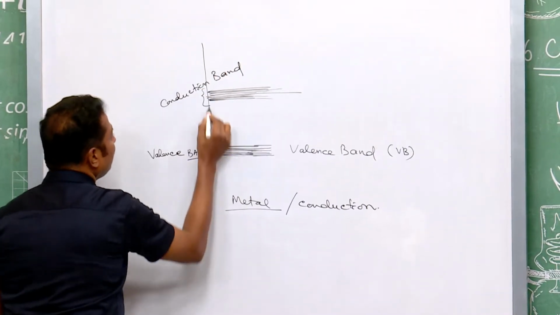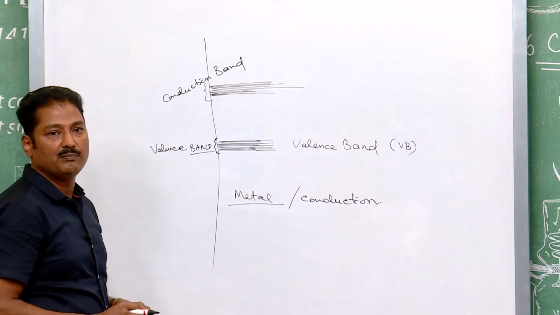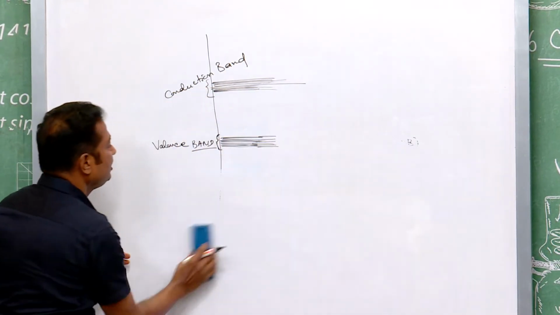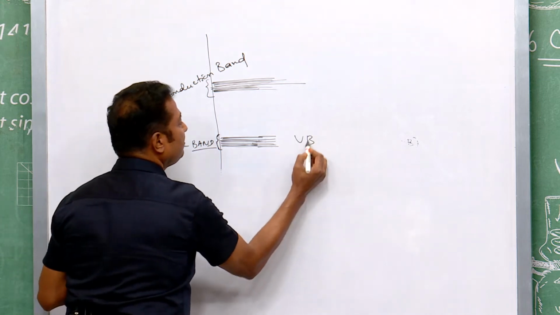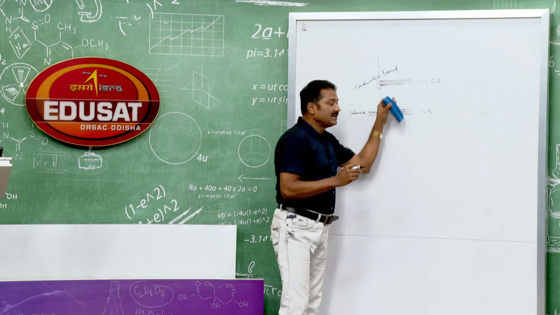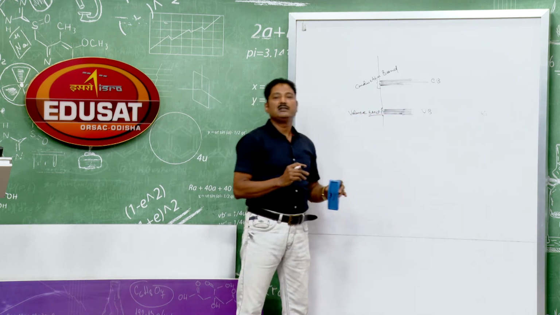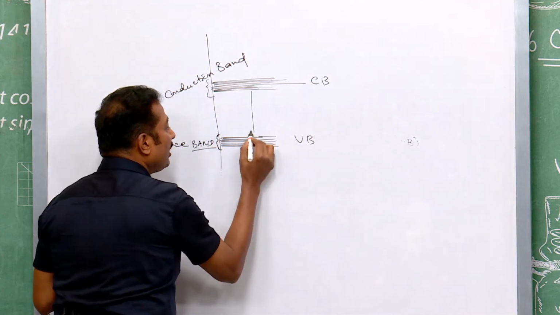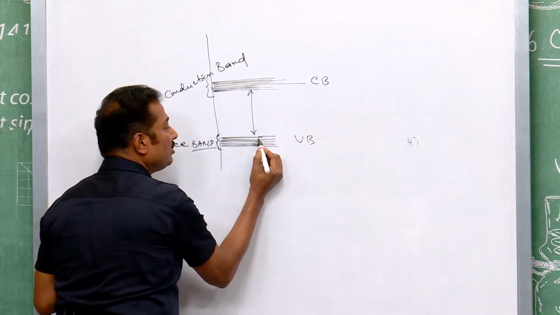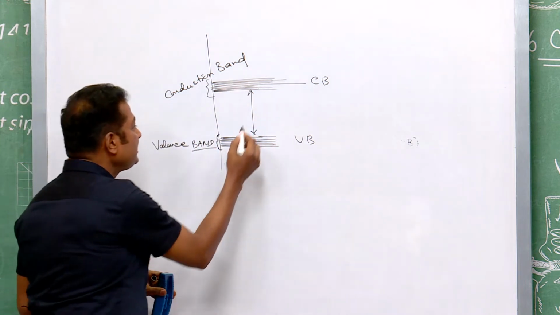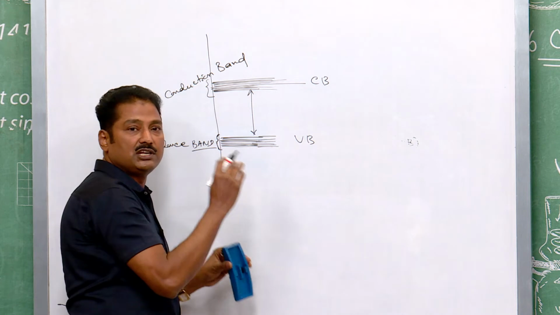If I draw the energy level diagram for a metal, this is your valence band and this is your conduction band. But there is a gap between the conduction band and the valence band. What is that gap? Some energy is required to go from the valence band to the conduction band.